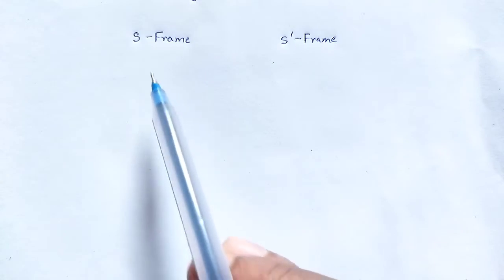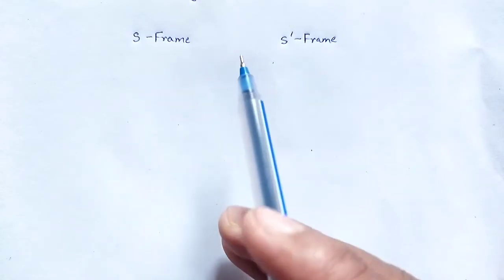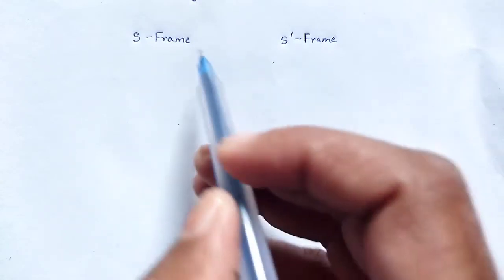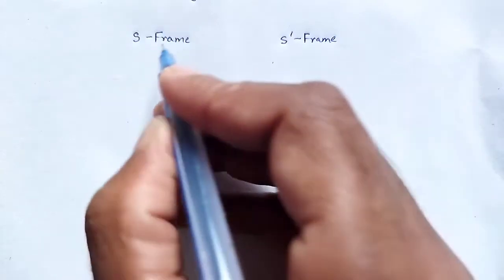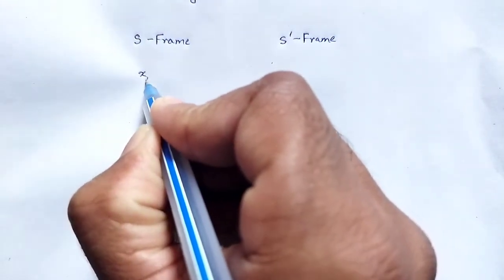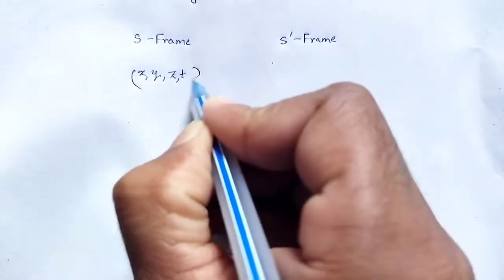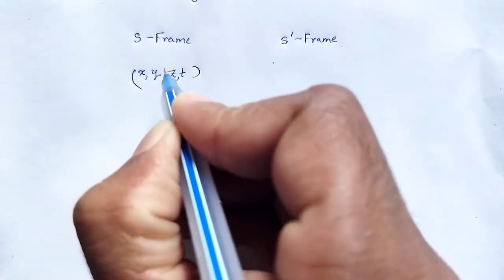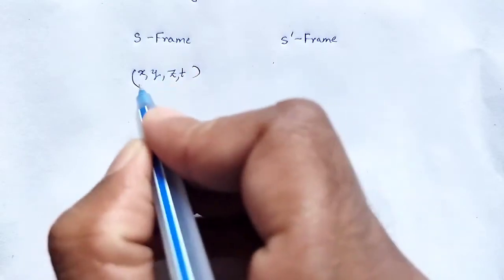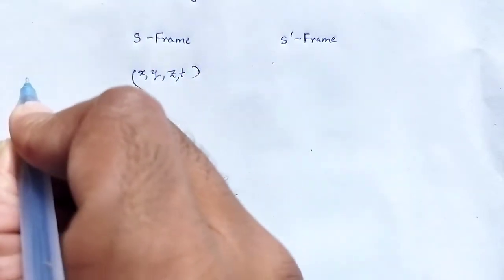So let the space and time coordinates of a particle in the S frame be x, y, z and t. This is the position or the coordinate of the particle in space and time.